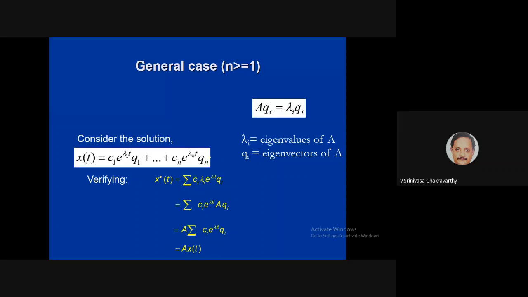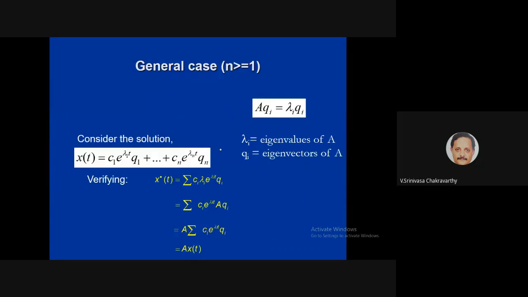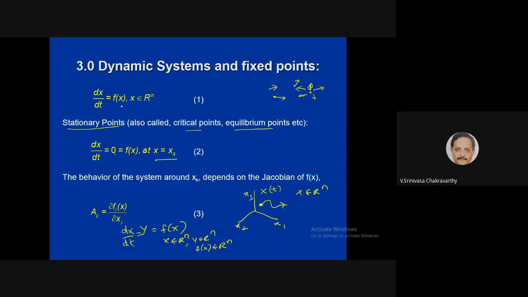What is the solution for the more general case of n greater than or equal to 1? For the general case, the solution is given by this formula. For the 1D case, the solution is just a scalar times e power at. For the n-dimensional case, the general solution will be of this form: a scalar, which can be a complex number, c1 e power lambda 1 t times q1. q1 is a vector.